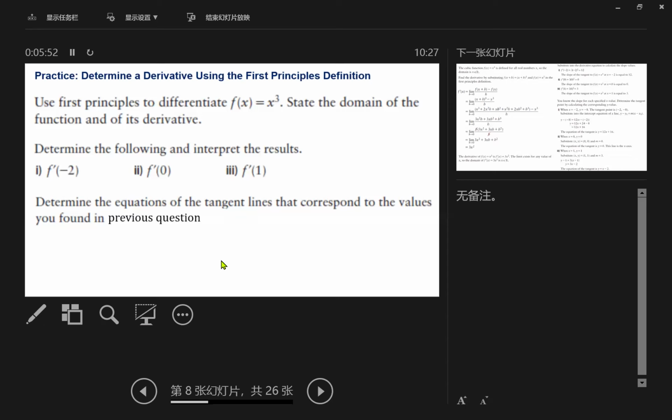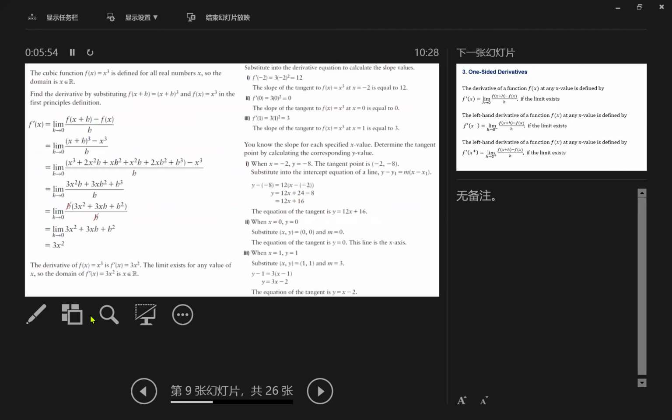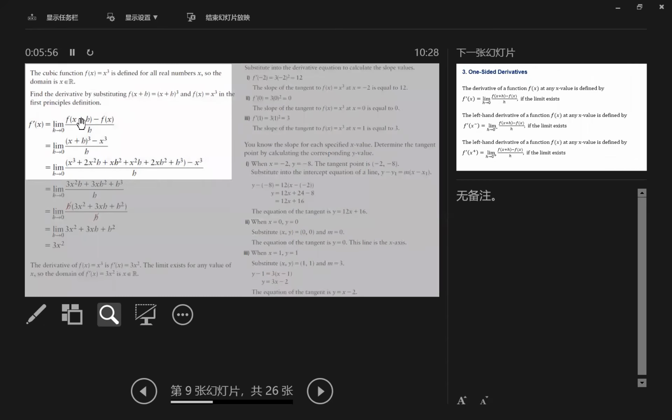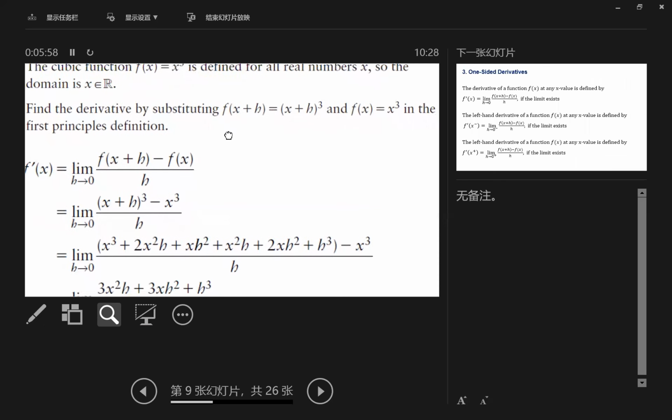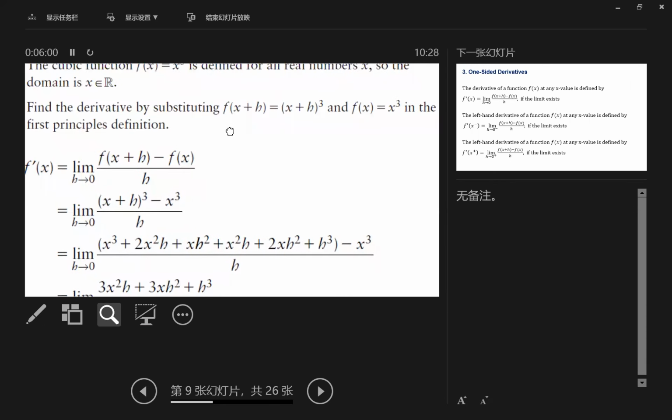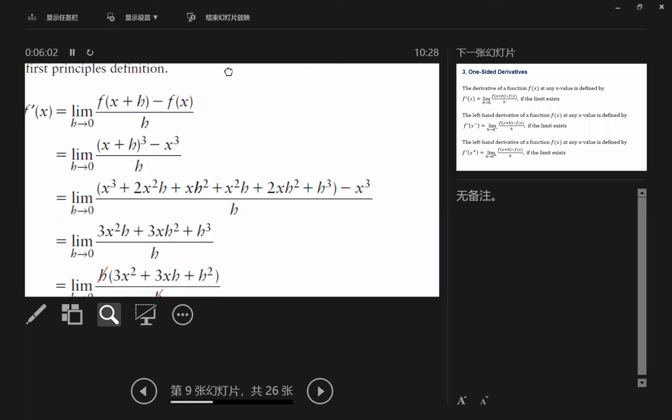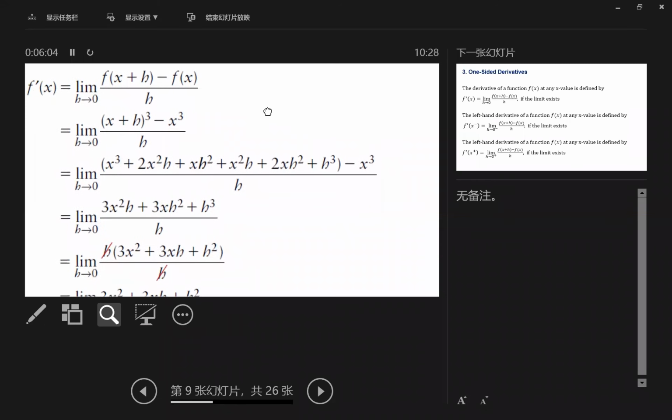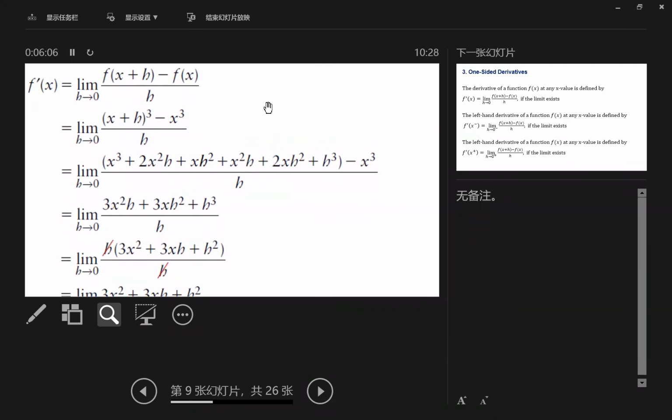All right, let's have a look at the solution here. First of all, we can find the derivative of this function using the first principles definition, right? Look at the whiteboard. f'(x) is defined using the limit of f(x+h) minus f(x) over h, right?